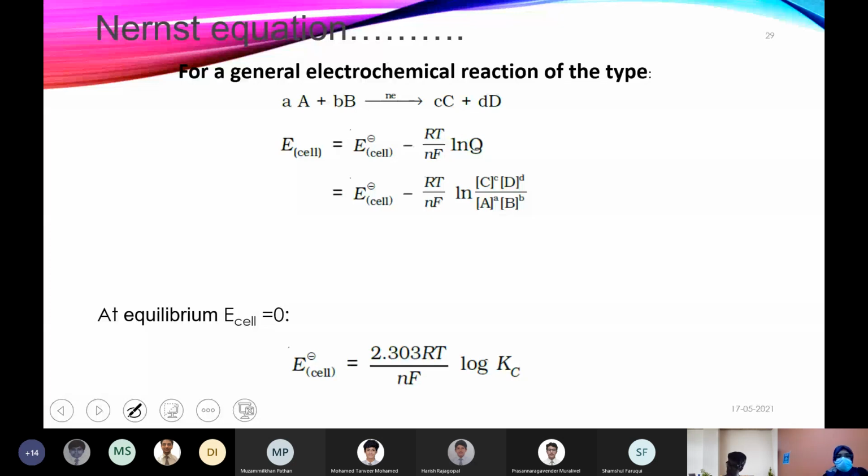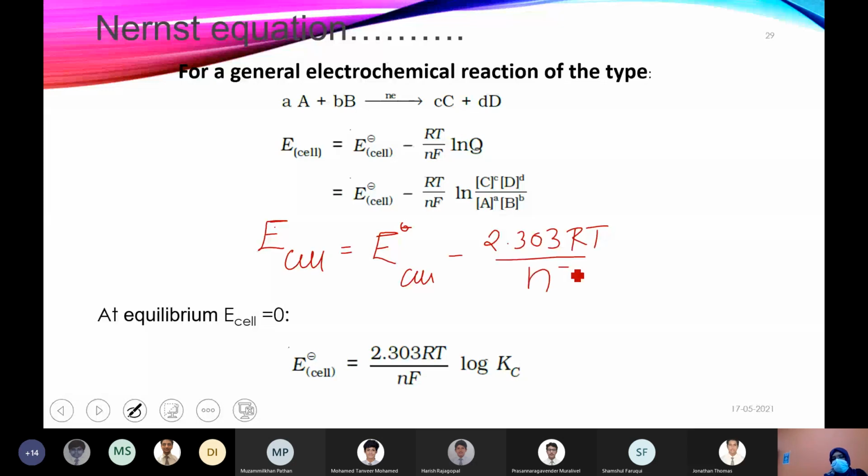That means this equation can be written as E cell is equal to E0 cell minus 2.303 RT by nF log of concentration of C raised to c into concentration of D raised to d, divided by concentration of A raised to a into concentration of B raised to b.